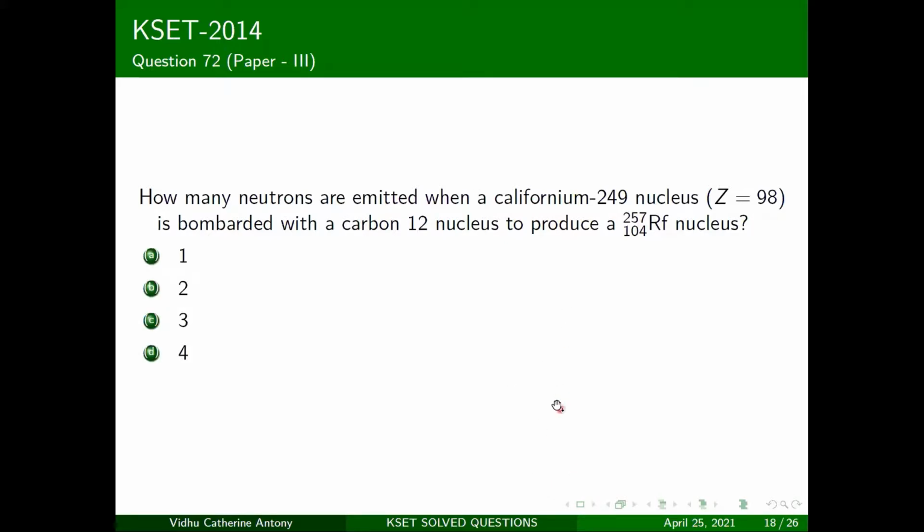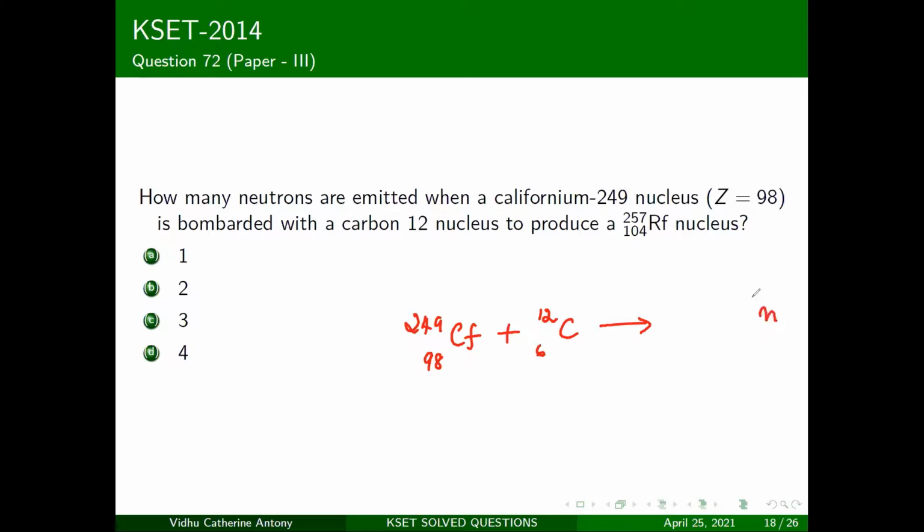What you have is californium-249 with atomic number 98, plus carbon-12, which has an atomic number of 6, to produce some particular nucleus. So how many neutrons are produced?